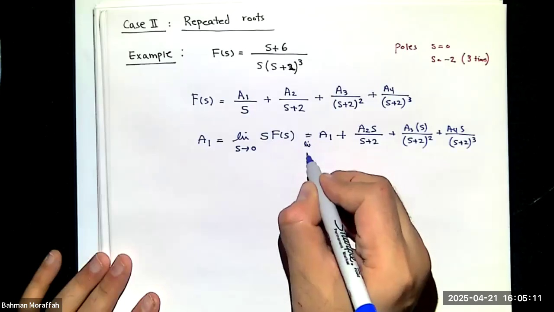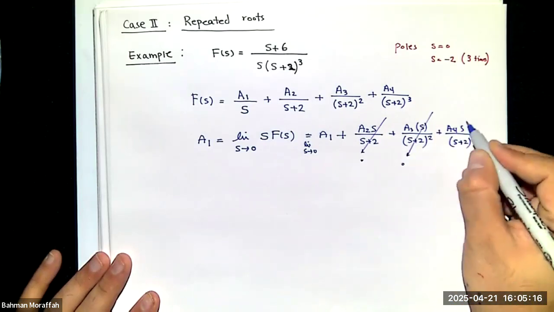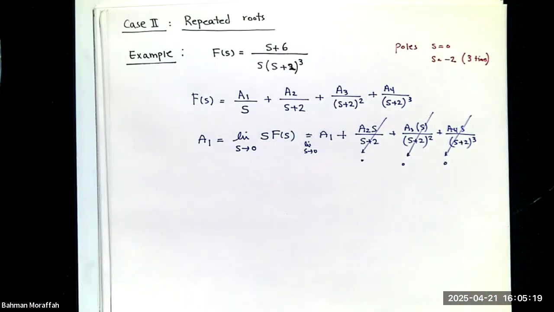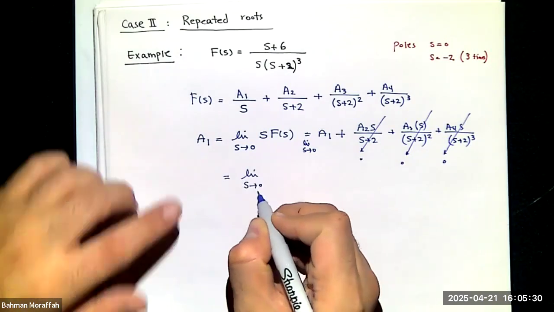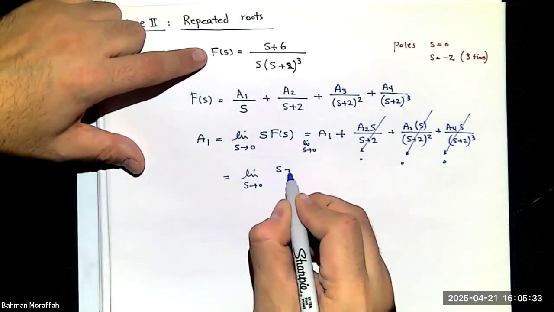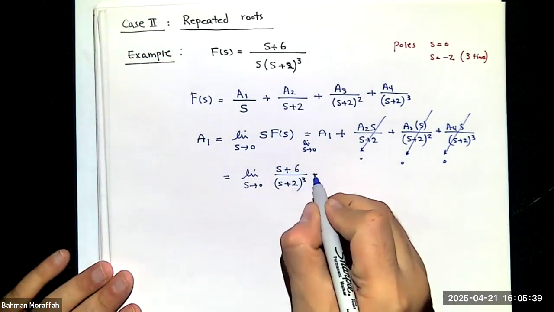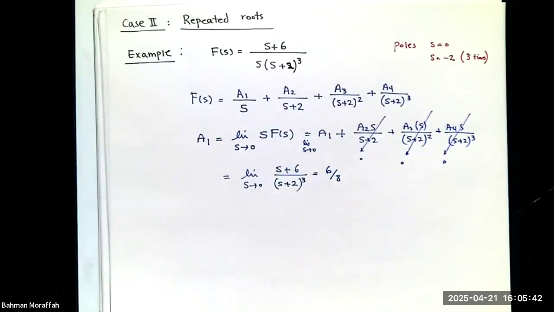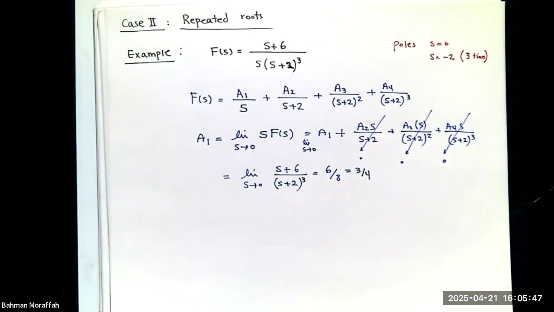And if I find the limit when s goes to 0, all these terms approach 0, because the numerator is 0 and the denominator is non-zero. So I can simply find a1, which is the limit as s goes to 0 of s plus 6 divided by s plus 2 to the power of 3. So it is 6 over 8, or 3 over 4. So a1 is not bad.